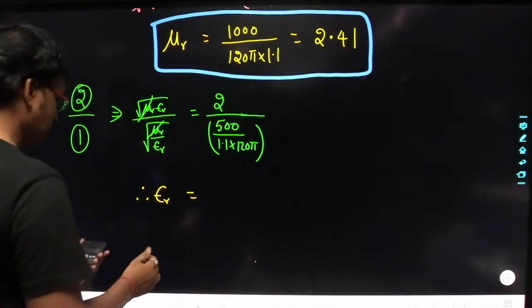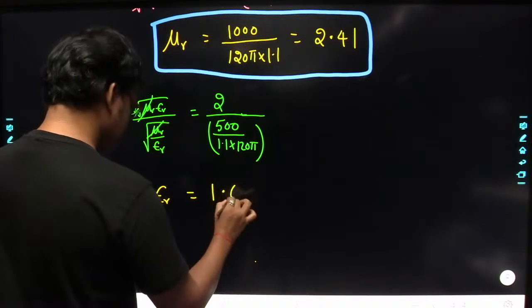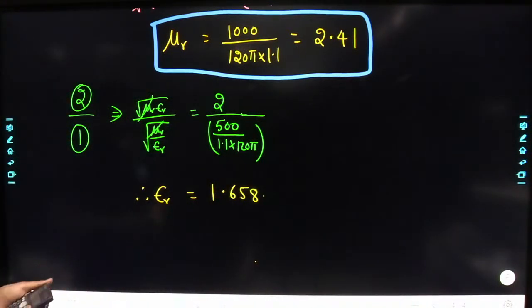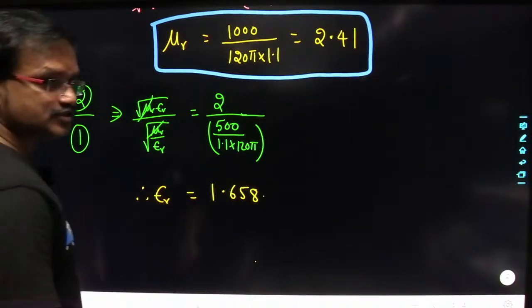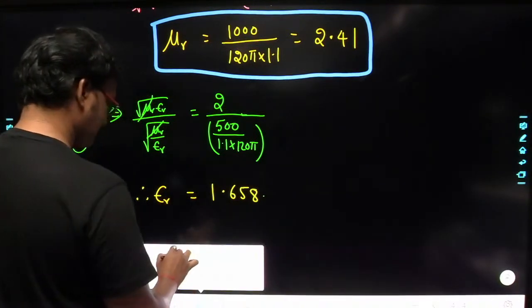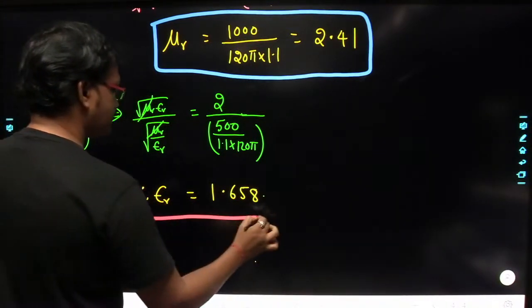So you are going to get the epsilon r value as 1.658. So this is the value of epsilon r.